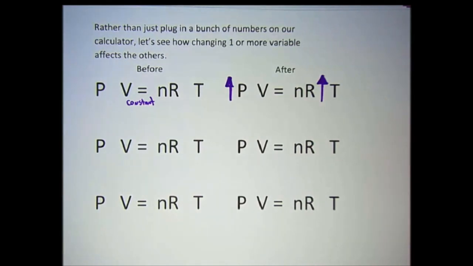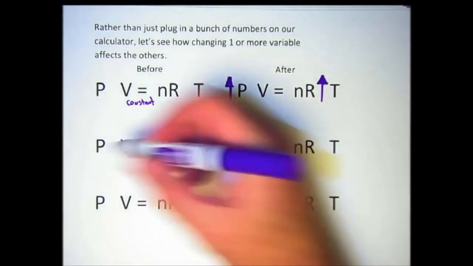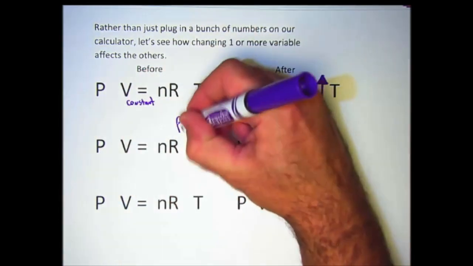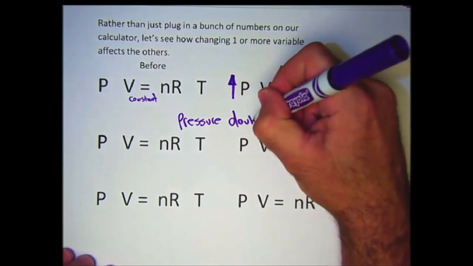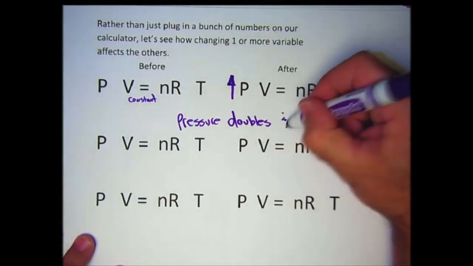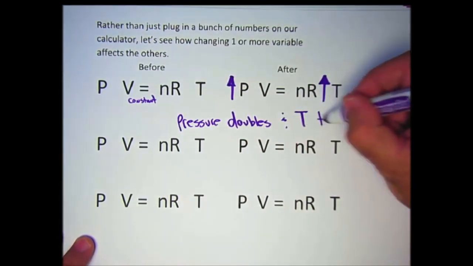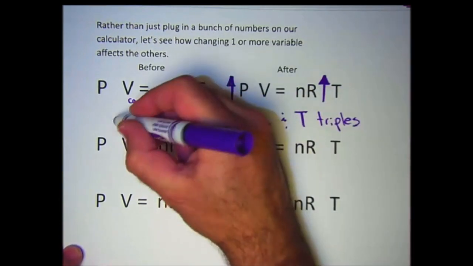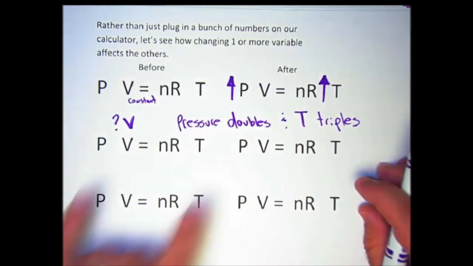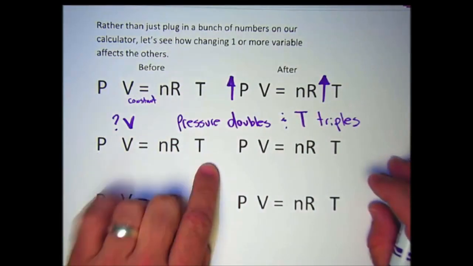Alright, let's try another one. What would happen to the volume if the pressure doubles and, I don't know, let's just say the temperature triples? If the pressure doubles and the temperature triples, what happens to the volume? Well, this is what everything was like the first time. PV equals nRT.